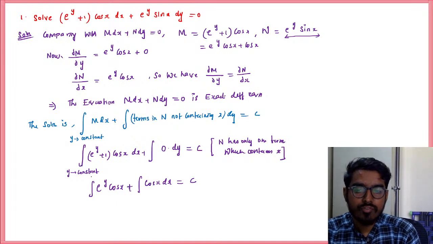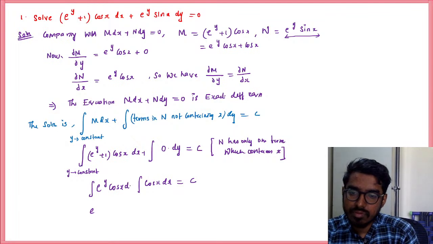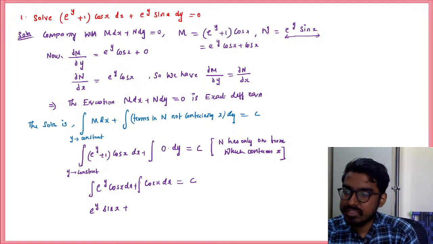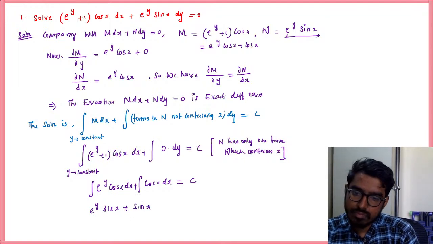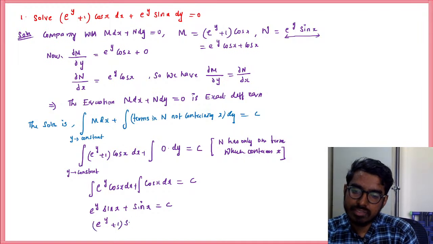Remember, this has to be performed treating y as constant, so take e power y outside, because y terms are constants. Integration of cos x is sin x, plus integration of cos x is again sin x, equal to c. If I take sin x outside, e power y plus 1 sin x is equal to c is the required solution.